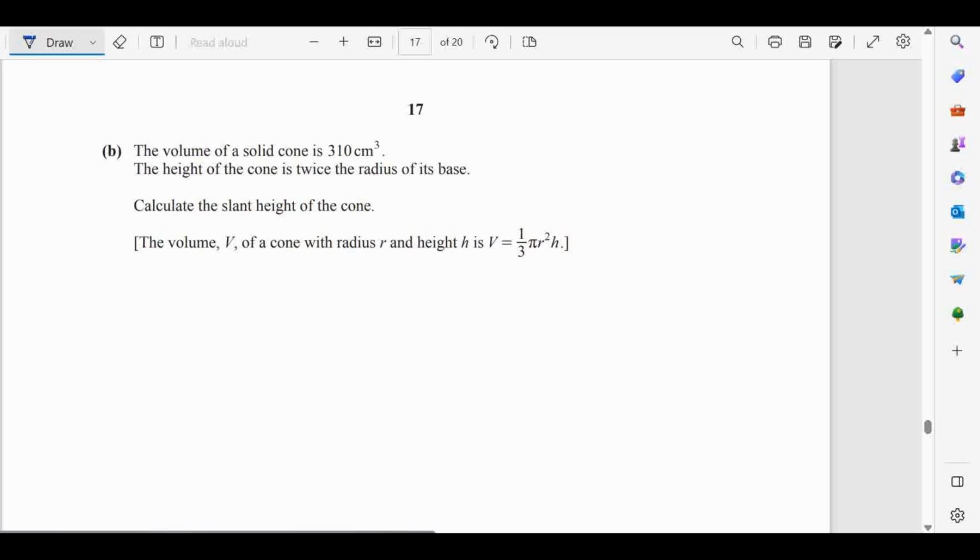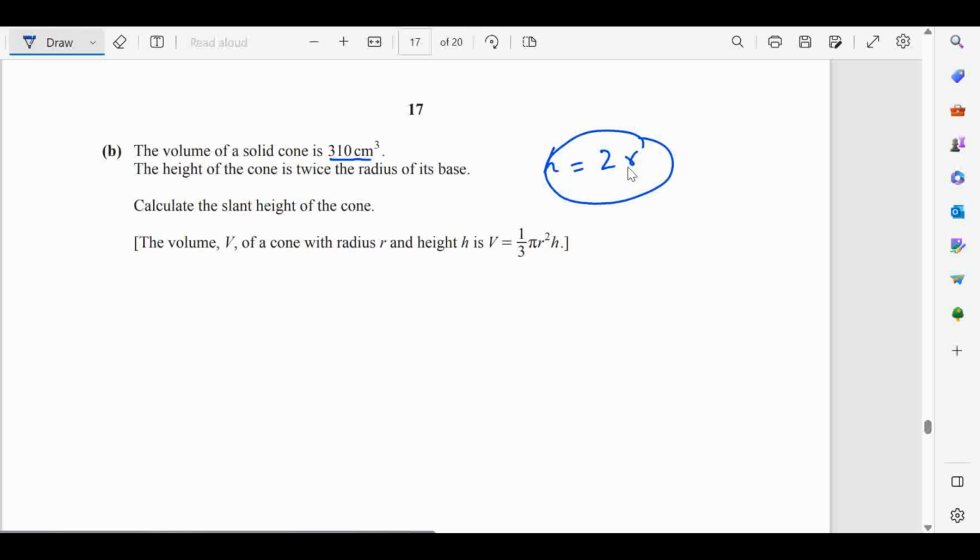Now, the volume of a solid cone is 310 centimeter cube. The height of the cone is twice the radius of its base. Calculate the slant height of the cone. So the height of the cone is twice the radius of its base.